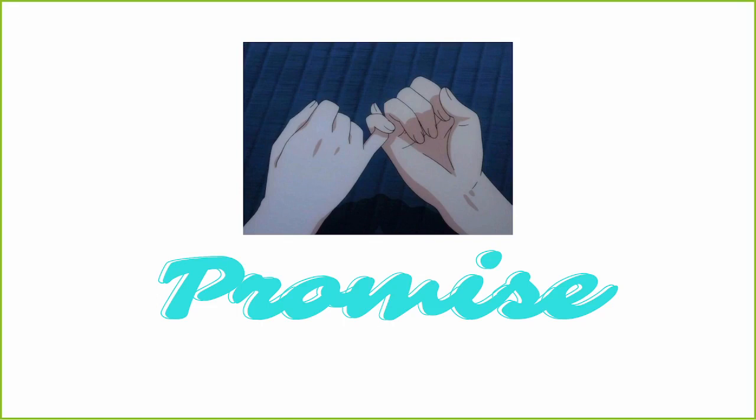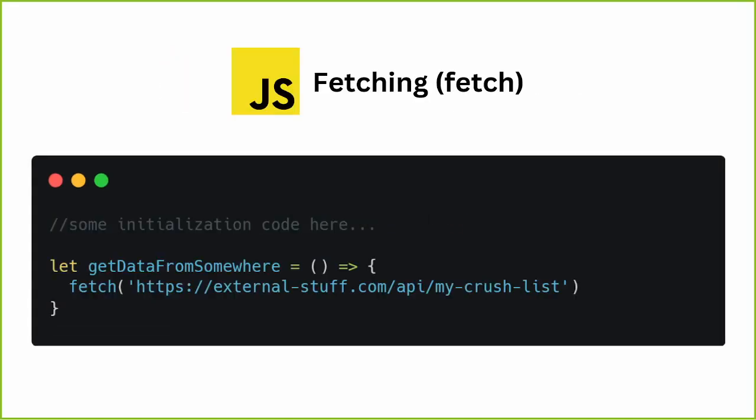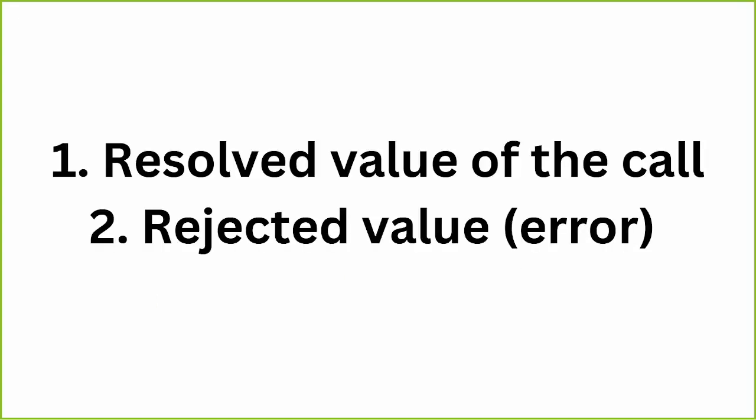A promise is an object that is returned from an asynchronous call, like getDocs, that returns a promise, fetch, that returns a promise, and it contains either of the two. Number one, it contains the resolved value of the call, or number two, the rejected value of the call, which is an error.